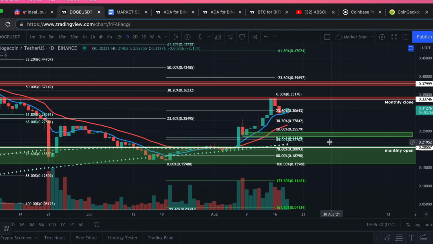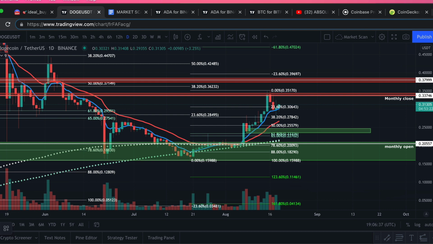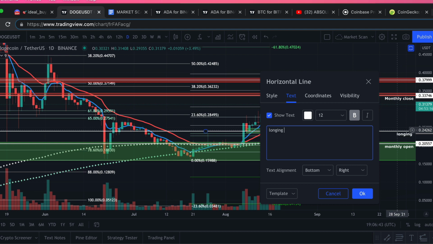You could either long here or long here. I would think that this would be the area to long because it seems like it would line up with the exponential moving averages. Longing area, 61.8 plus lines up with EMAs and MA.